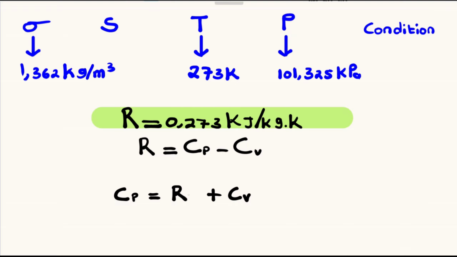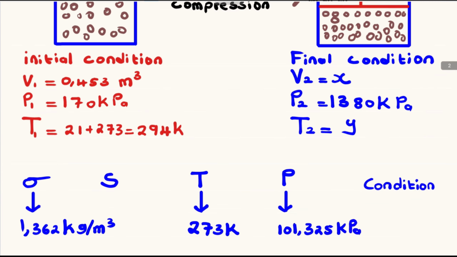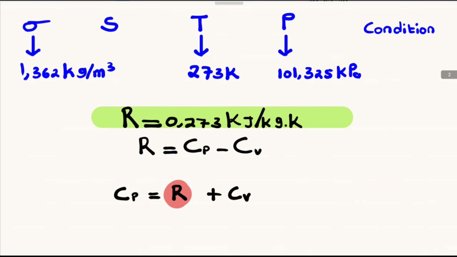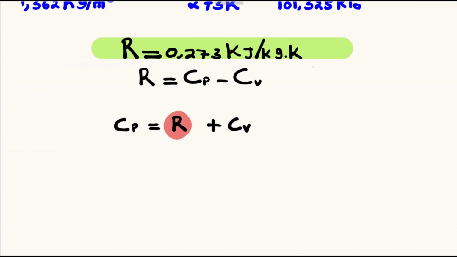We already determined this R, and we are given the specific heat capacity under constant volume, the Cv, as 716 joules per kilogram kelvins.